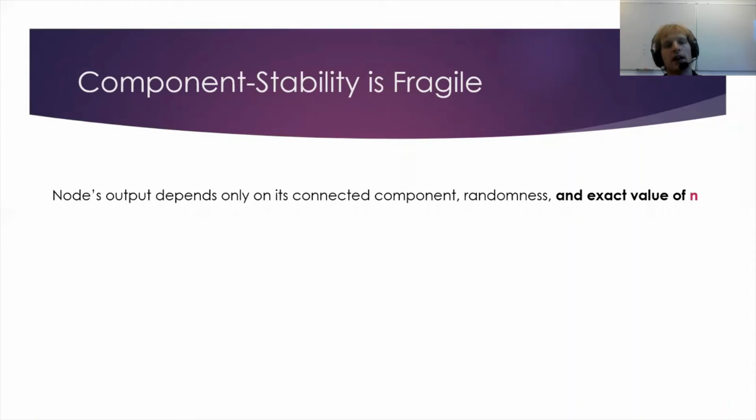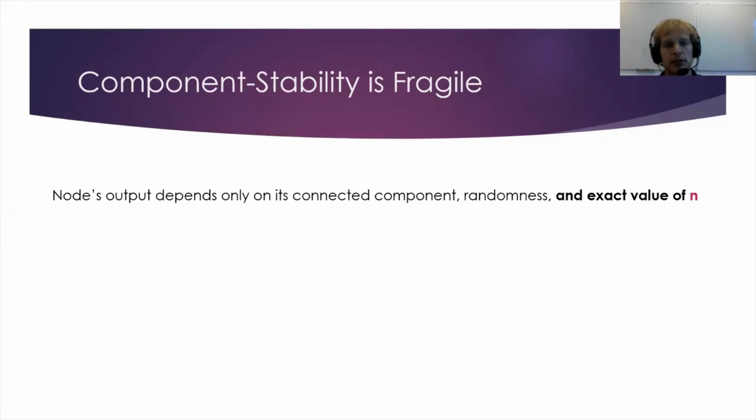In MPC, you can immediately, at the start of any procedure, find the exact value of n in constant rounds, and then you can use it. So in MPC, we should always assume we have access to the exact value of n, and our algorithms would naturally use it. So if you want to define component stability in a way that actually includes known and natural MPC algorithms, you have to allow dependency on the exact value of n, right?